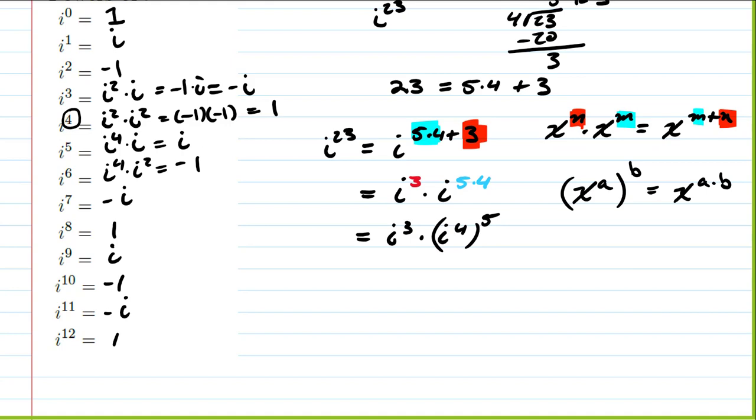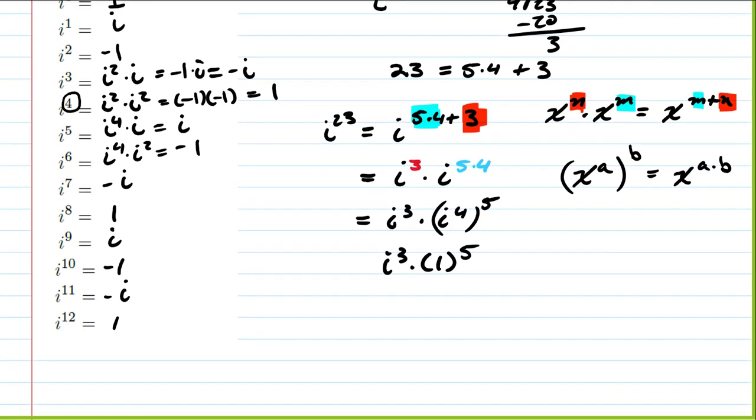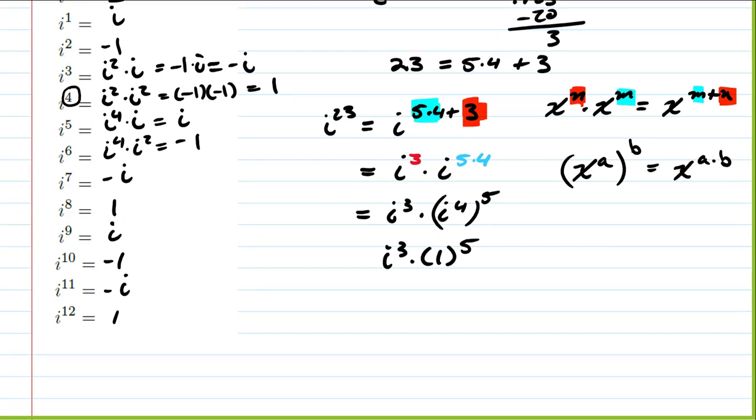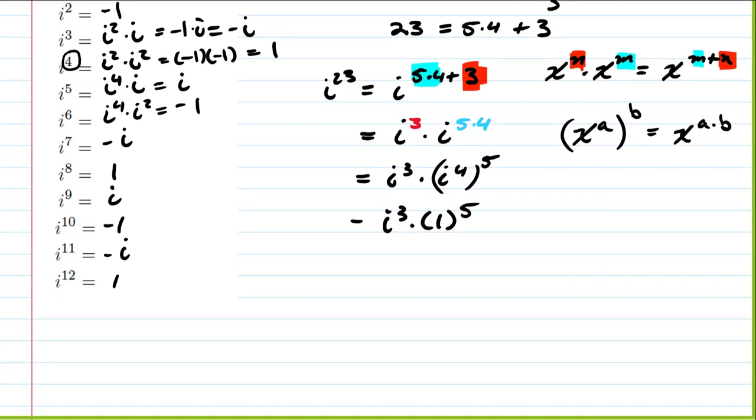But we know i to the fourth is 1, and 1 raised to any power, or multiplying by 1, doesn't change anything, so 1 times 1 times 1 times 1 times 1 is just going to be 1. So at the end of the day, this ends up being the same as i cubed, and we know i cubed is equal to negative i.